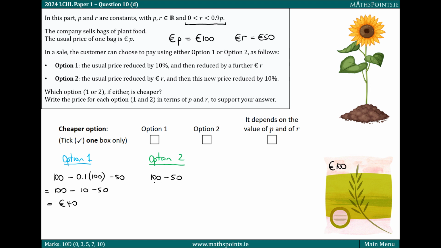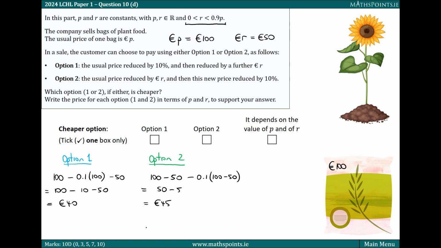So the new price is clearly 50. 100 minus 50 is 50. And we're going to take off 10% of 50. I'm going to write it as 10% of 100 minus 50, whatever the new price is. The new price is 50. 10% of 50, we're going to subtract. So 100 minus 50 is 50, and then minus 10% of 50. 10% of 50 is 5. And we get 45 euros.